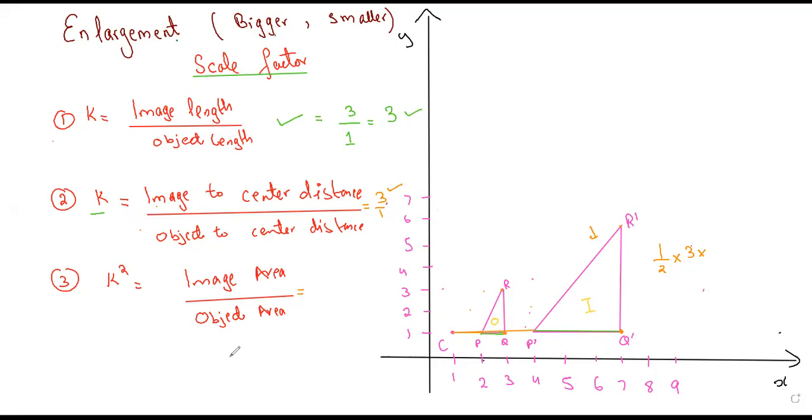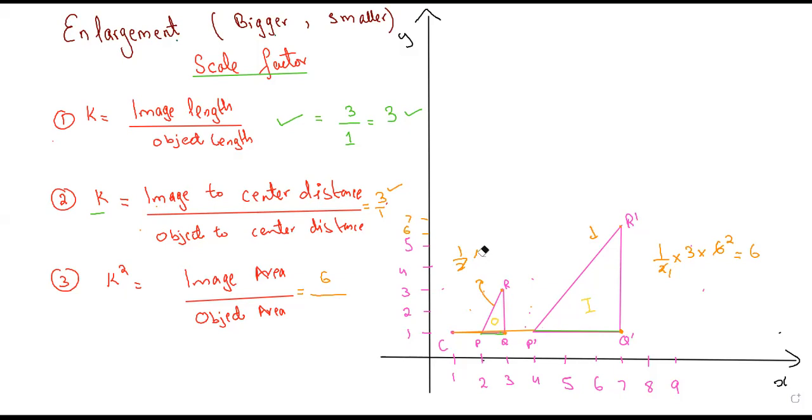Just let me rewrite this thing. This is 6 and then this is 7. Okay, so the height is 6 basically. The area of the image is 6 and the area of the object would be 1 by 2 base into height. So this should be 2 basically.